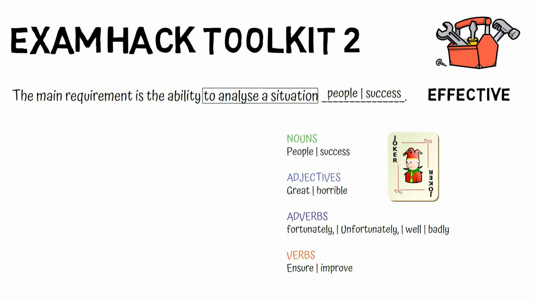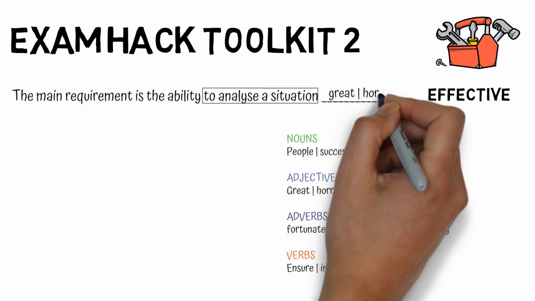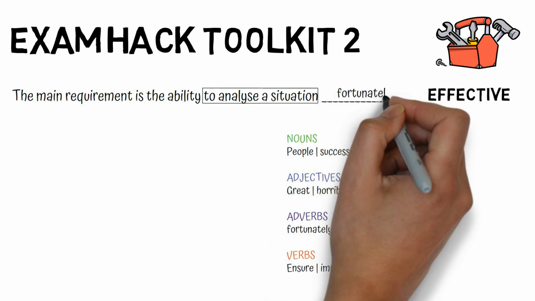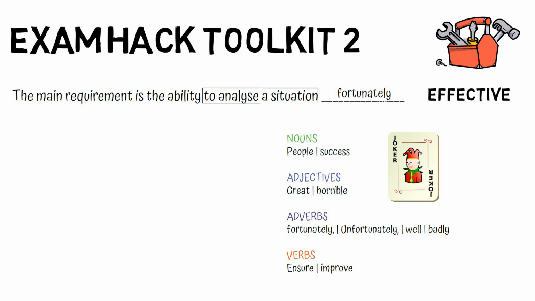Does this make sense? No, so you probably do not need a noun. What about an adjective? To analyze a situation, great or horrible. Does this make sense? No, so you probably do not need an adjective. How about an adverb? To analyze a situation, fortunately. This could make sense.